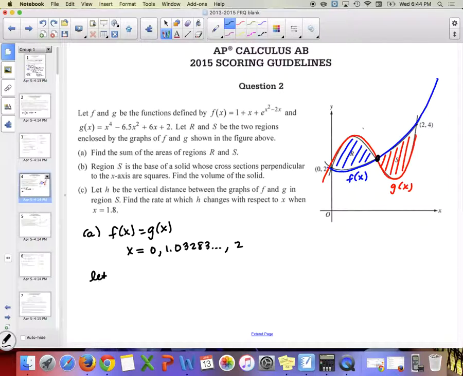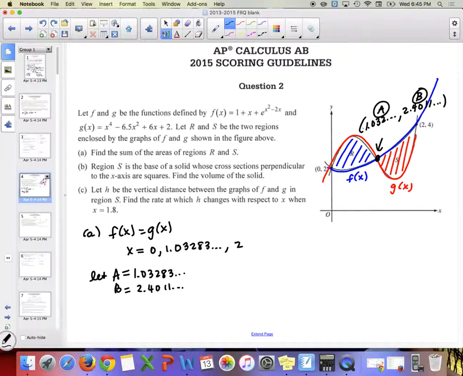So I usually kind of write it here, so 1.032, comma 2.4011, and I circle A and B. I'm like, okay, I've stored these as A and B. So I'm going to let A equal 1.03283 and B is equal to 2.4011, just in case I need those values, which I know I need the A, but I may not need the B. But sometimes you might need it for one of the volume ones.